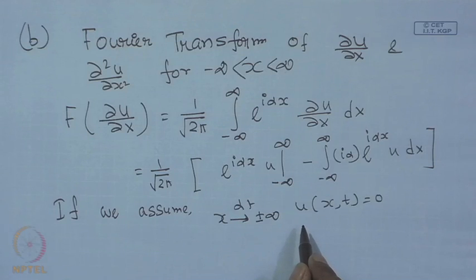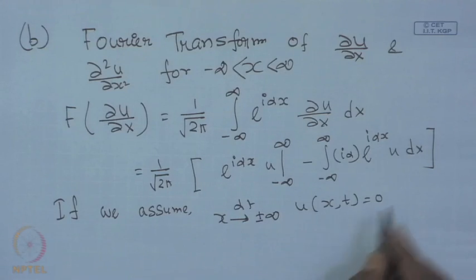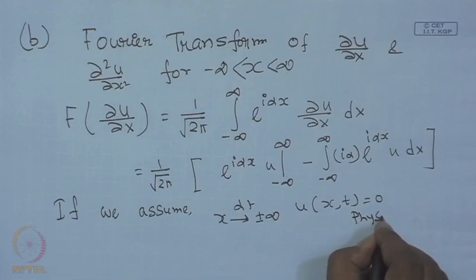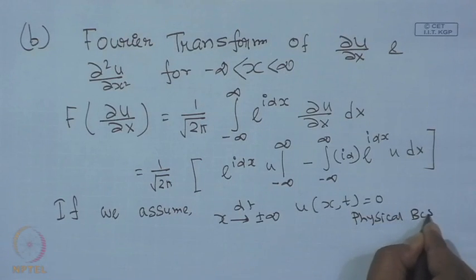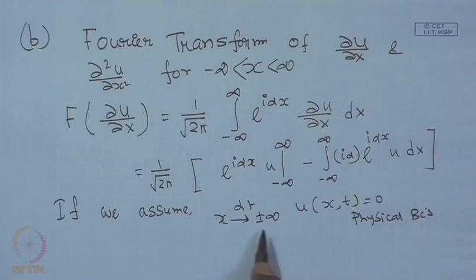So, in order to have a physical solution, we have to utilize these two physical boundary conditions. Again, these are examples of physical boundary conditions. This boundary condition simply indicates that the solution we are going to have is a bounded, finite solution. Under any circumstances, it cannot go infinite in the domain of x.